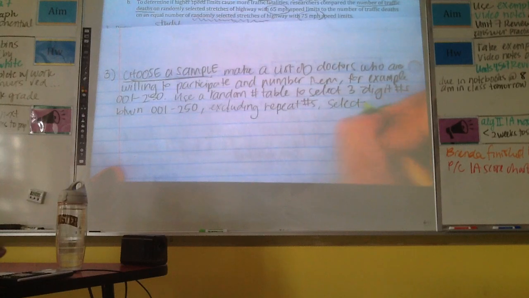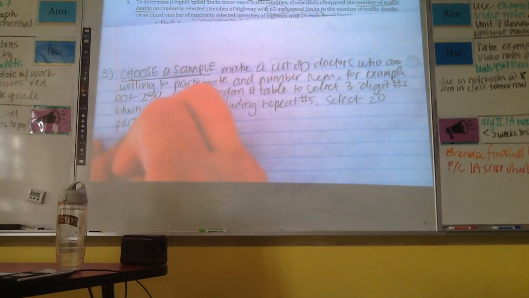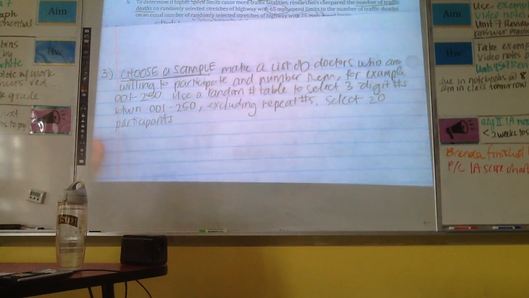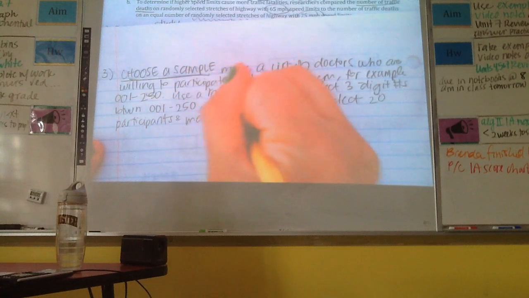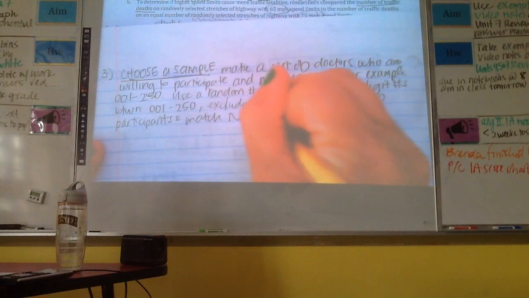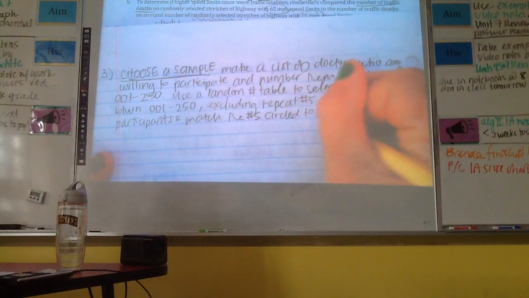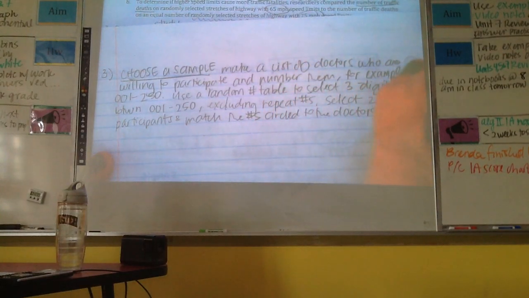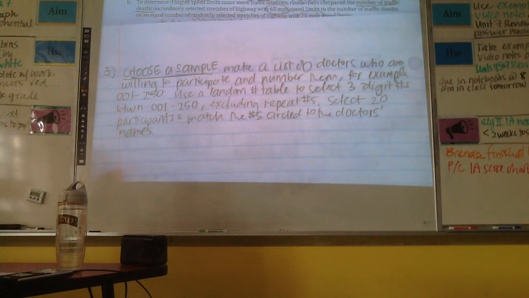Select, I don't know, maybe we want 20 participants. And match the numbers circled or the numbers selected to the doctor's names. Okay, now we have a list of doctors who are participating.